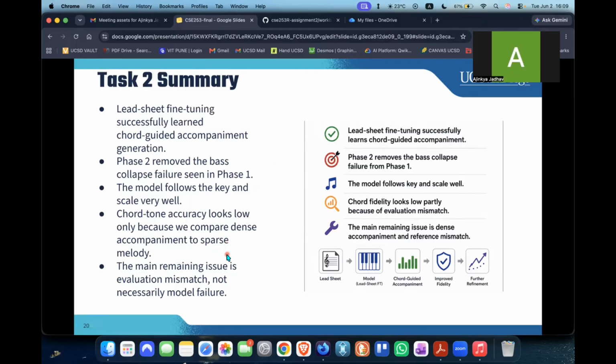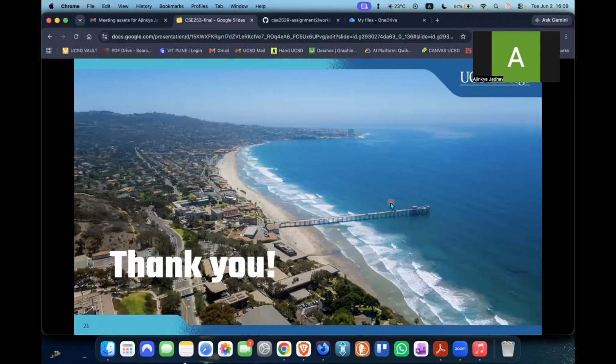One more thing: the main remaining issue is not a model failure, but an evaluation mismatch that we can see in here. So firstly, we have a lead sheet model, we have a chord-guided accompaniment, we improve the fidelity, and we perform further improvements. That's it. Thank you, everyone.